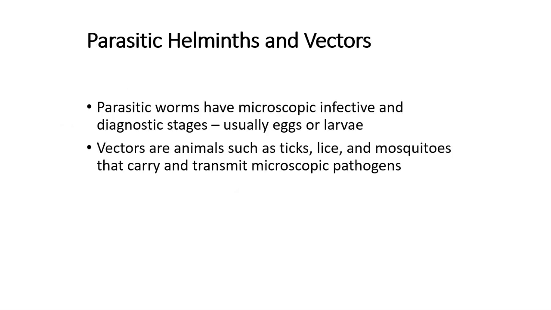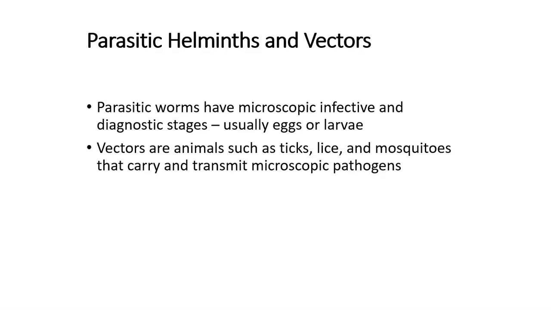These worms will have microscopic infective stages where we can't pick them up too easily, but when they get into these infective stages, diagnosis stages, if we get into some tissue and we can actually get a hold of an egg, we can make the diagnosis.